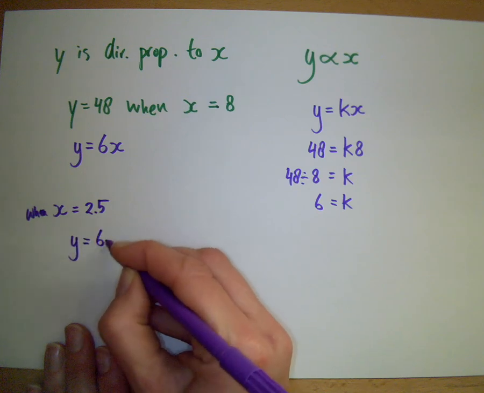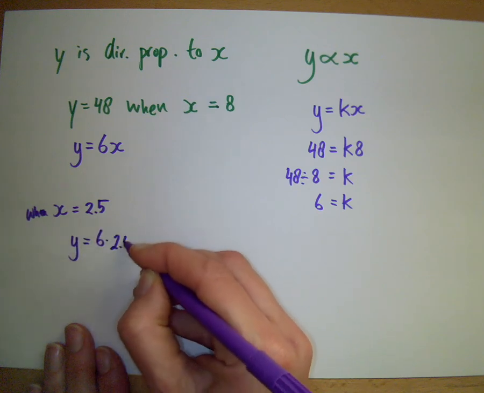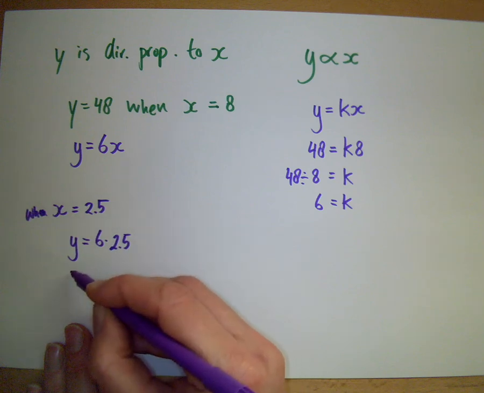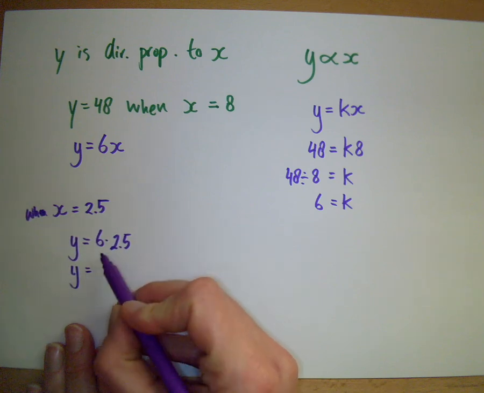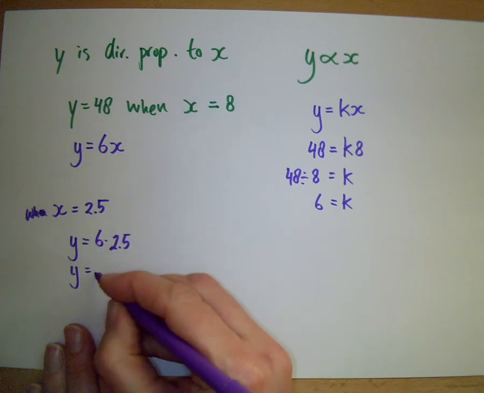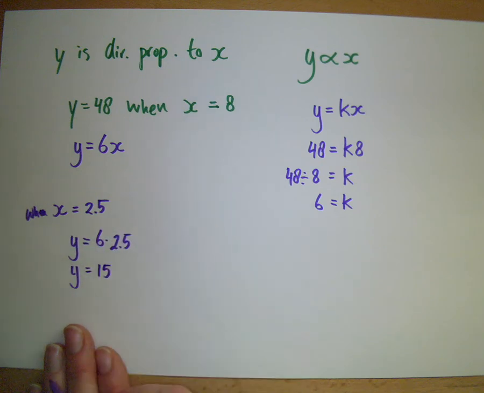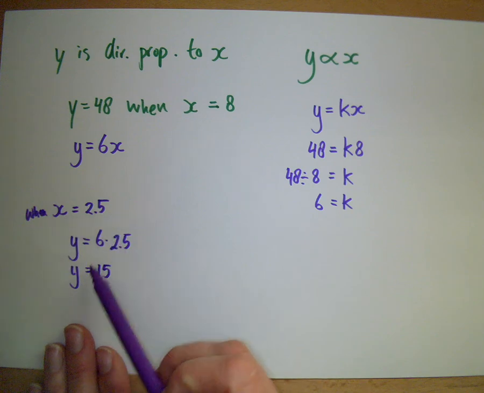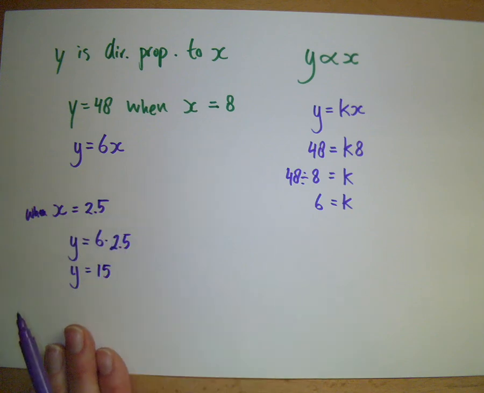Y equals 6 times 2.5. That means y equals, what is 6 times 2.5? It's 3 times 5 is 15. Right? So when x is 2.5, y equals 15. Easy enough. I think you're ready to do some on your own. Good luck.